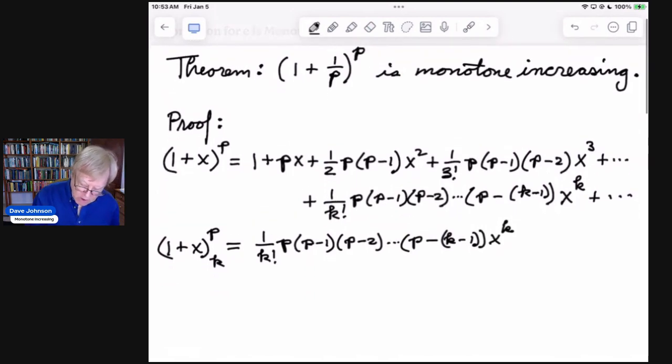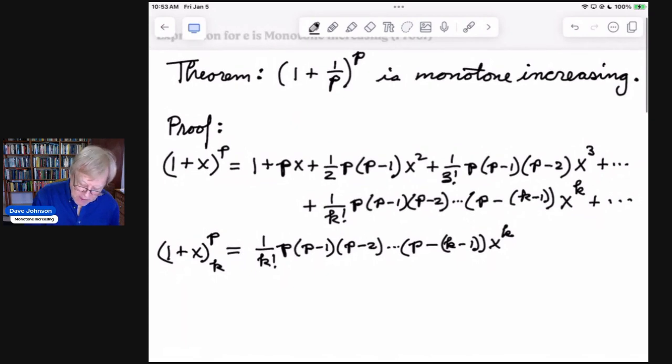Now, I'm going to go ahead and anticipate where we're going with this. So first of all, we want this value here, the 1 over p, to be the reciprocal of this value, p. And so let's just go ahead and replace x with 1 over p. So 1 plus 1 over p, and we're only going to look at the kth term.